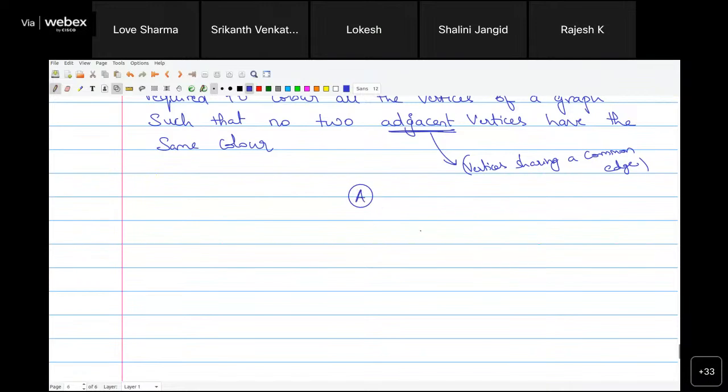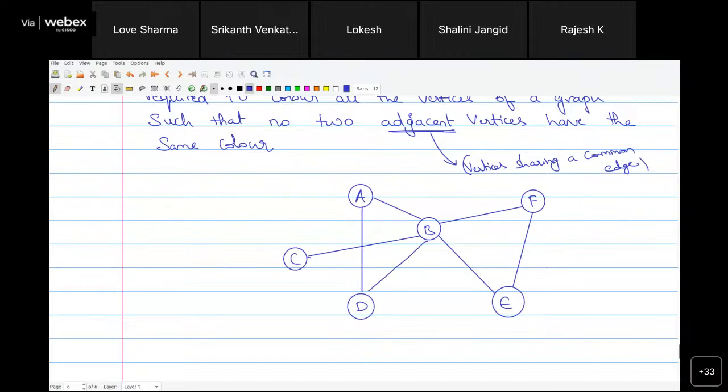So this is A, this is B. Let it pick C, D, E, and here we will pick A, B, C, D, E, F. Okay, let's say this is how the graph is.